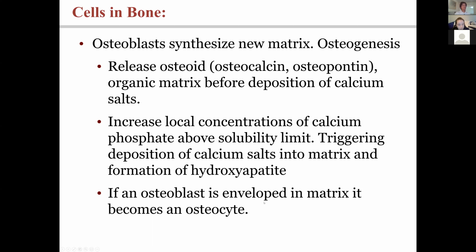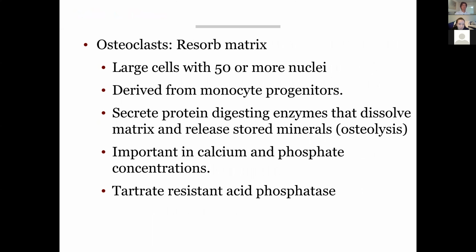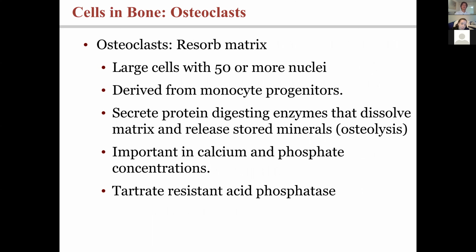Once these osteoblasts become enveloped in matrix, once there's this calcification process occurring around them, then they will differentiate into osteocytes. So we have this life cycle of the osteoprogenitor cell differentiating into an osteoblast. Then the osteoblast deposits matrix that becomes calcified.